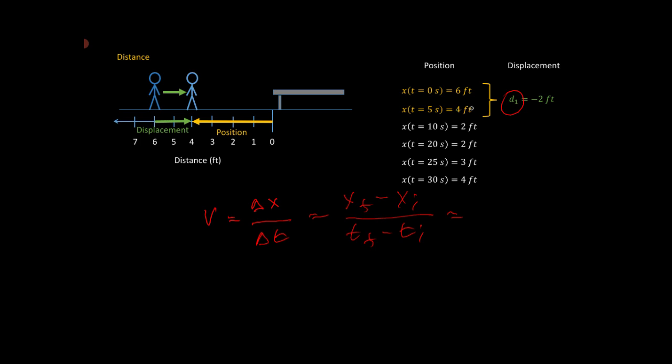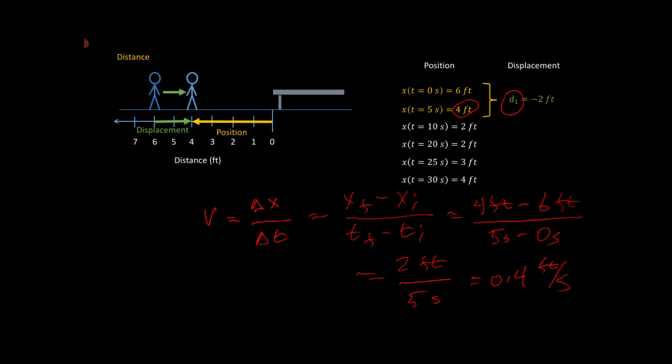So your final position here is 4 feet, and your initial position is 6 feet. And if you divide that by the difference in those times, that's 5 seconds minus 0 seconds, that's 2 feet over 5 seconds, which is 0.4 feet per second.